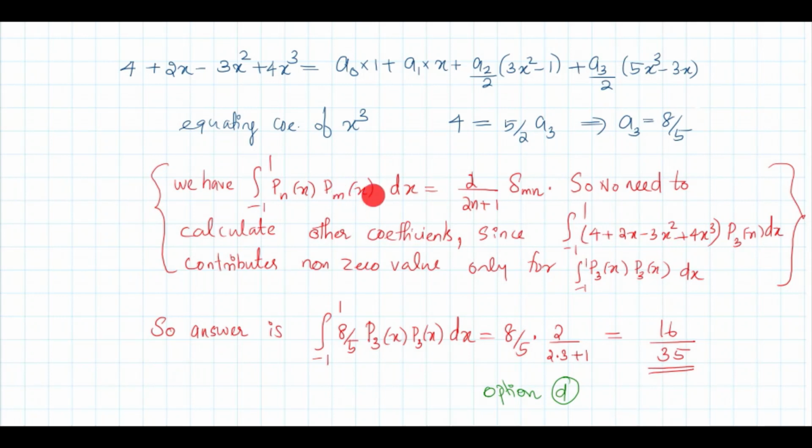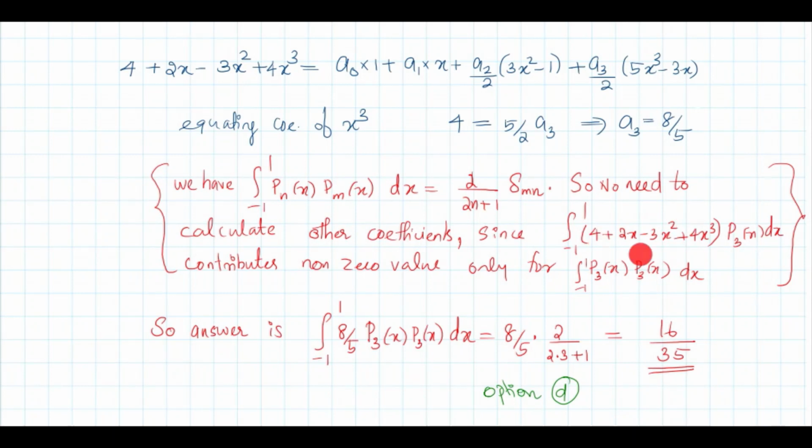In the orthogonality relation, the right hand side is non-zero only when m equals n. In your question, the outside Legendre function is P3(x). So from the inside bracket, if there is a P3(x), that will contribute a non-zero answer. All other things will contribute 0.